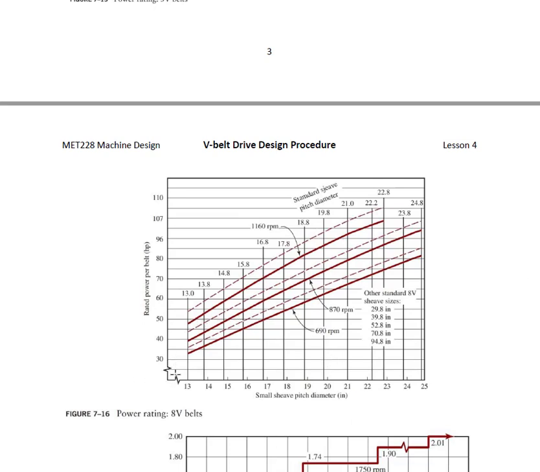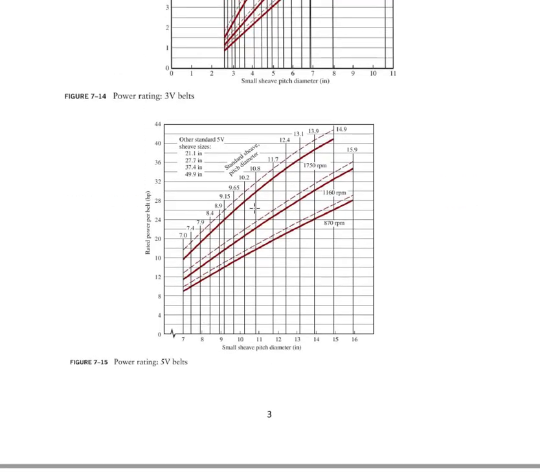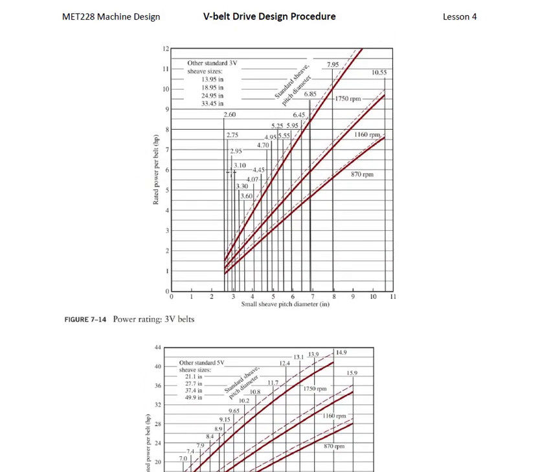The interesting thing about these tables is these are your standard sheave sizes, the standard sheave diameters that you get to choose from. When you're picking out your sheave diameters in step 5, you're going to need to know what these standard sheave sizes are, and this is where you get those. This is where you get the standard sheave sizes for 5V belts, and this is where you get them for 3V belts.